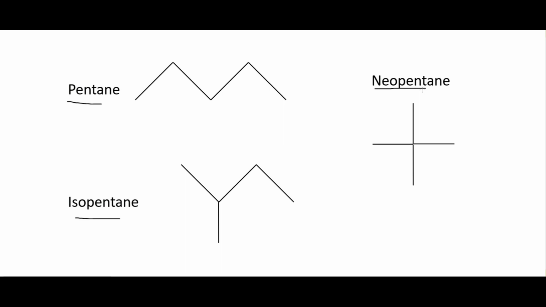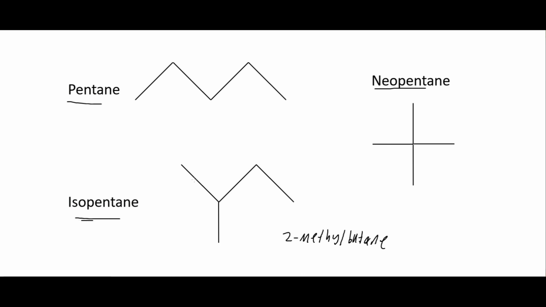And in reality, if you saw somebody name this as 2-methylbutane, that probably wouldn't be strictly incorrect. But we can call this isopentane.